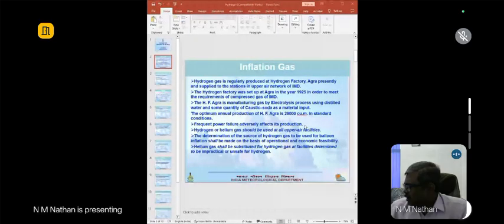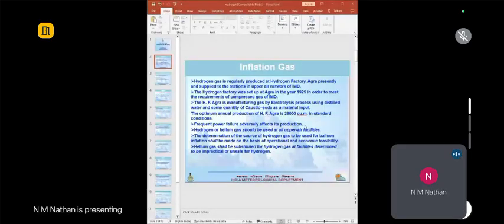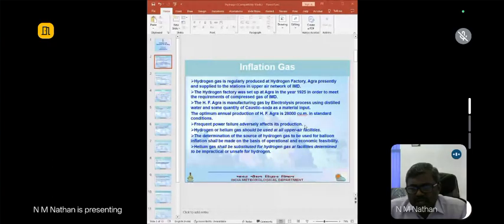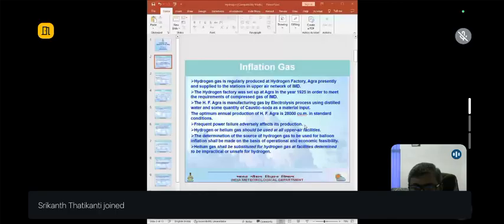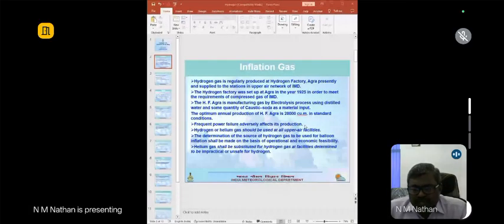The methodology they are using for generating the hydrogen gas is the electrolysis process. Electrolysis means you have to split the water. You use caustic soda as well as water, and then with the help of electricity, the hydrogen in water is segregated into hydrogen as well as oxygen.